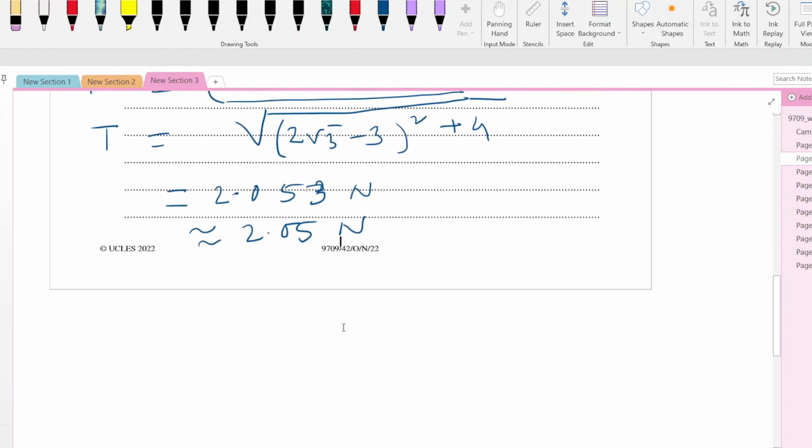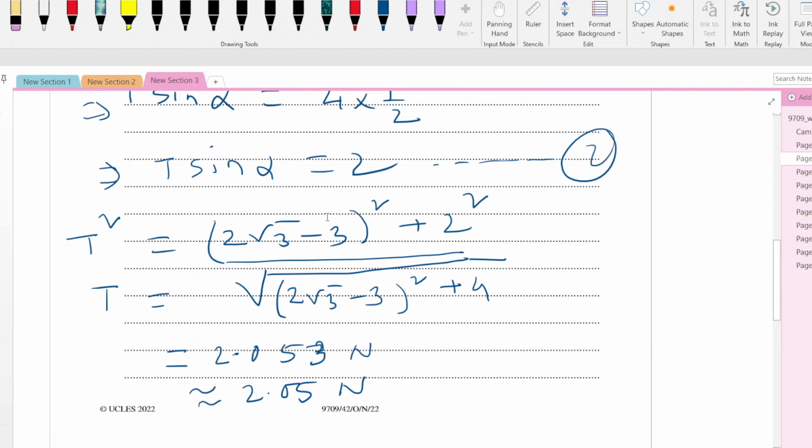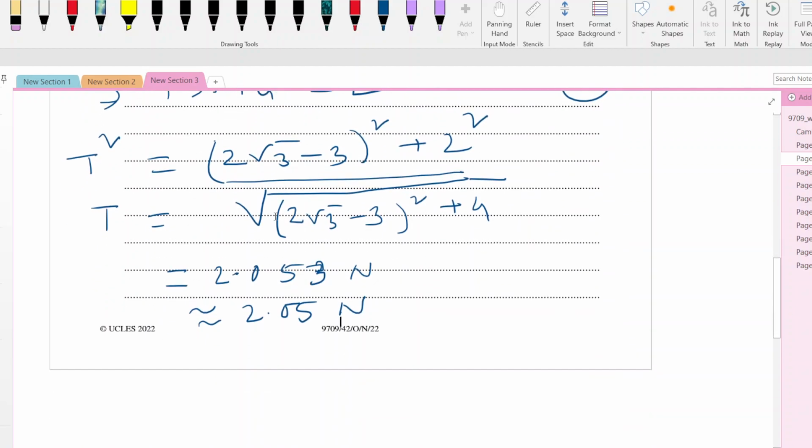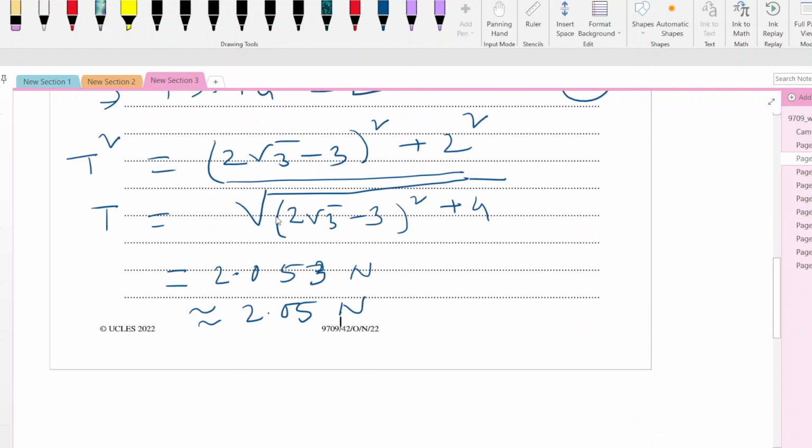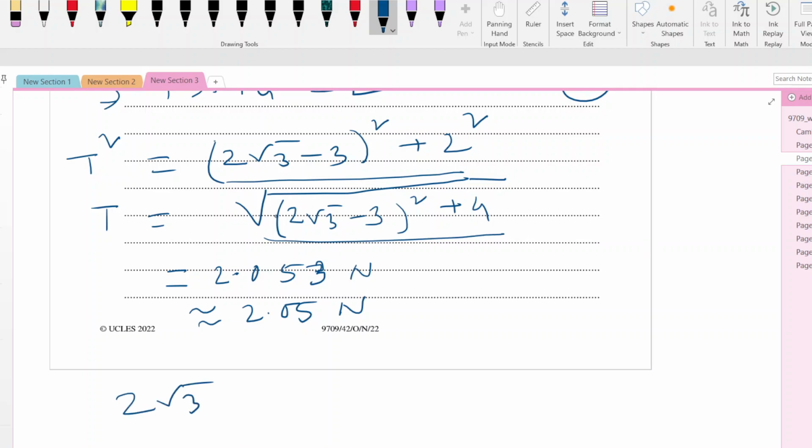Now, T sin alpha equals 2, and write the value of T. I take the exact value of T, meaning the square root of (2 root 3 minus 3) whole squared plus 4.